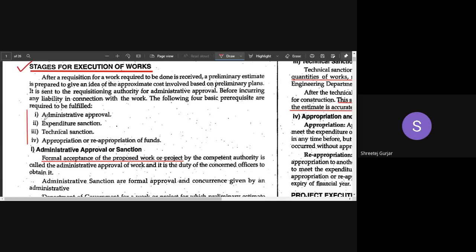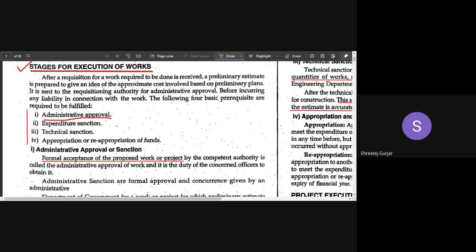That is known as administrative approval, getting the administrative approval from the higher authority. It is a formal acceptance of work, just a permission that you have to take to take up that particular work.